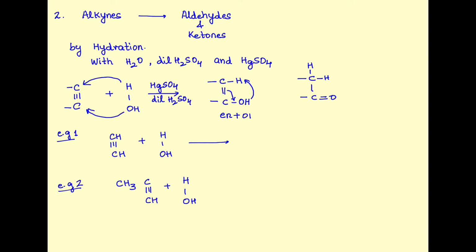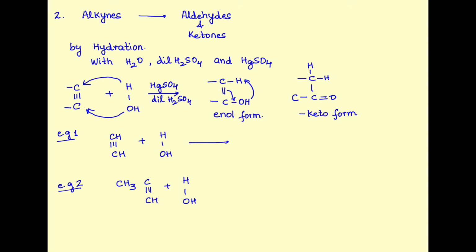So when we've got the enolic form, now if you see the other form here, you'll get a ketonic group if the group attached over here is an alkyl group. So this is what we will call the keto form of the same compound. So we have the enolic form and we will have the ketonic form.